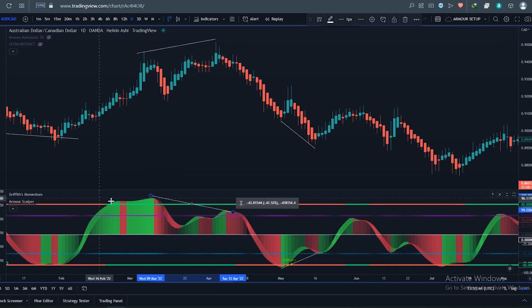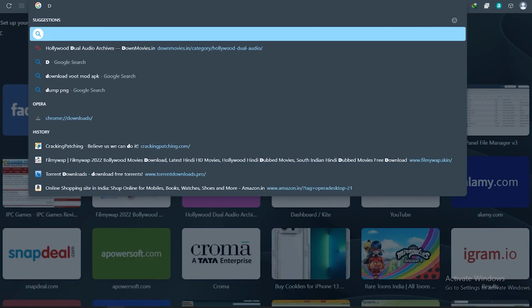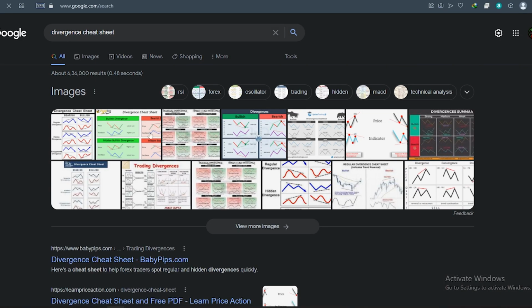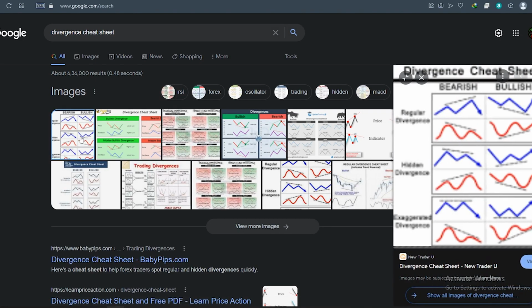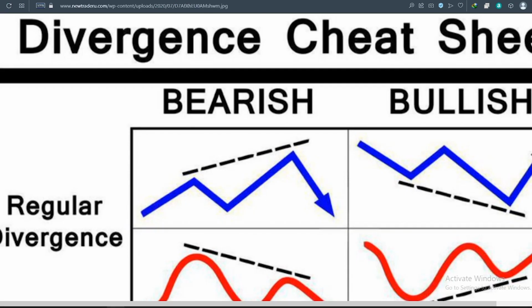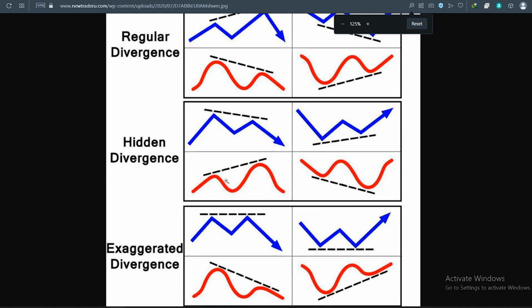There are so many things about Armor. Let me show you something very interesting: the divergence cheat sheet. Look at this, guys. Very informative.